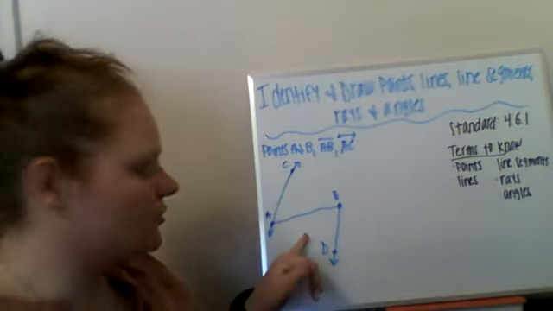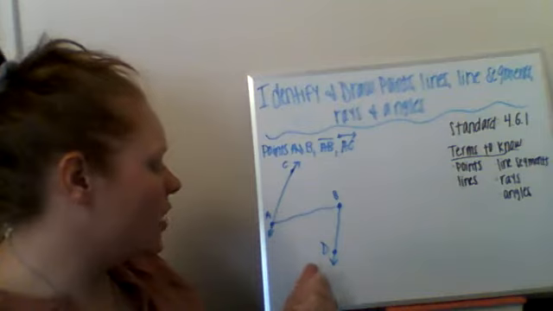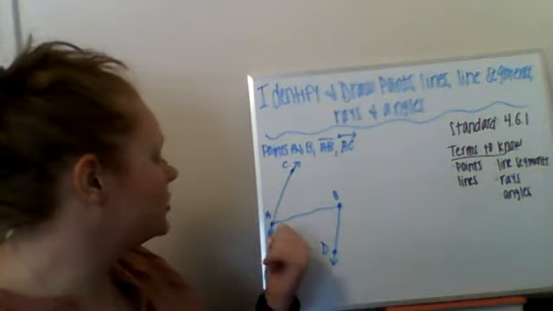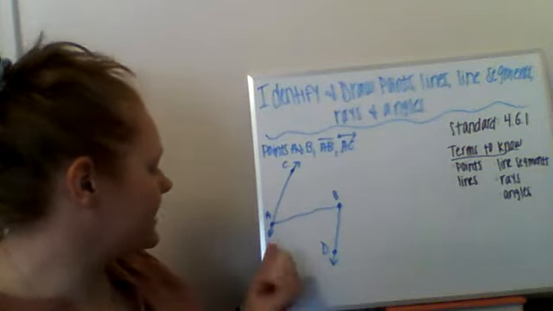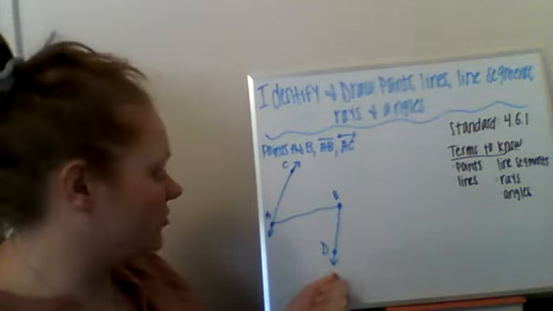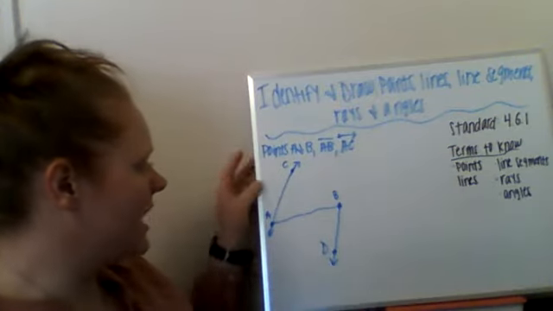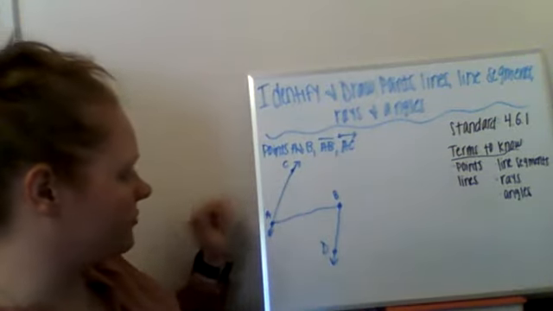What I just created is known as a ray. So a ray is very similar to a line. The only difference, like you can see, is the ray is only extended in one direction. So a ray only extends in one direction, whereas a line extends in both directions.